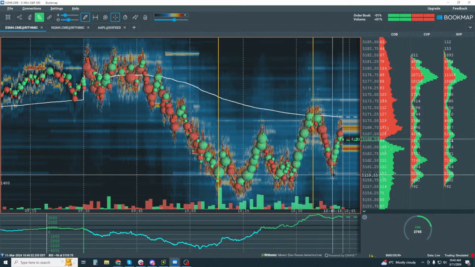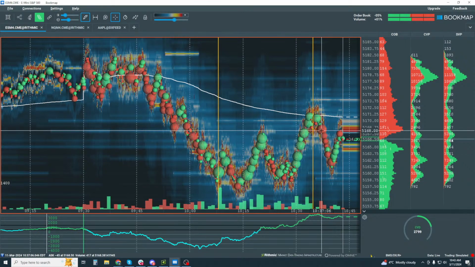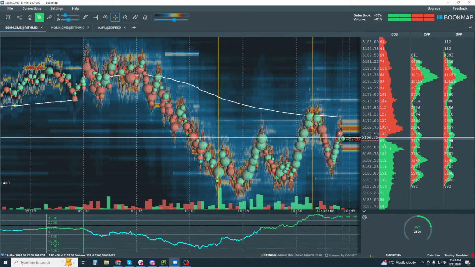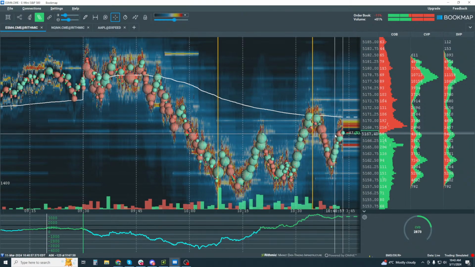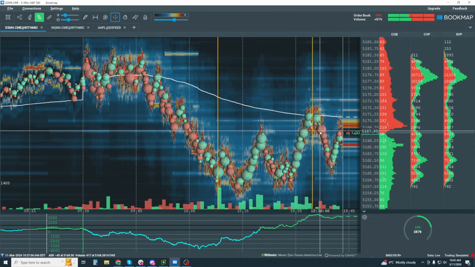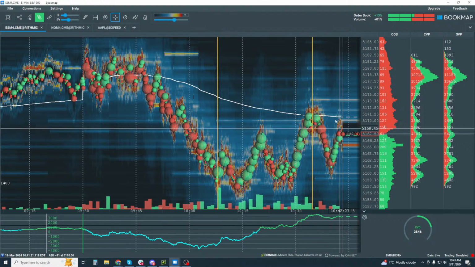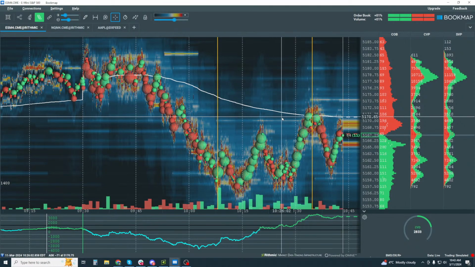Now we have this little pocket of selling in here. Is that enough? Well, we just retested back up to it, and we're still finding buyers. So where do we think price is going to go next?